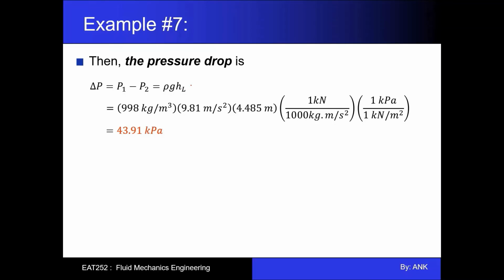So when we substitute the density of water, 998 kilogram per meter cube, times the gravity, and times HL, the energy loss in the pipe, which is 4.485 meter, and this is our conversion unit. When we calculate, we get the pressure drop between 2 points in the pipe, or the difference between pressure at point 1 and point 2, is about 43.91 kilopascal. So this is the answer for this question.